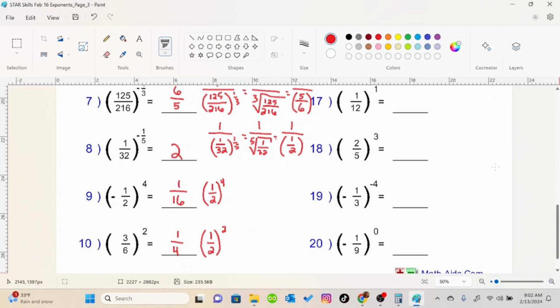Number 17. 1 over 12 to the power of 1. Anything to the power of 1 is itself. So the answer is 1 over 12.